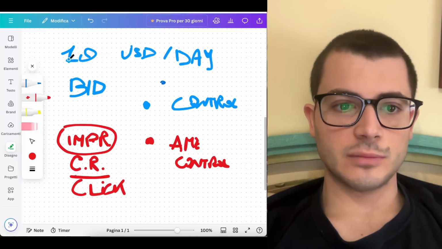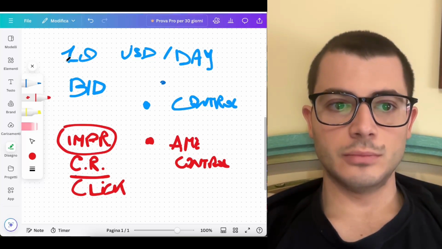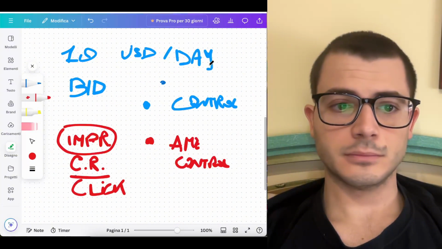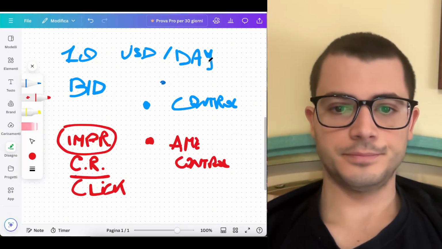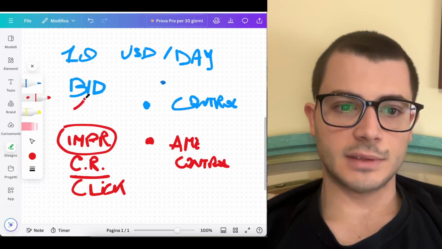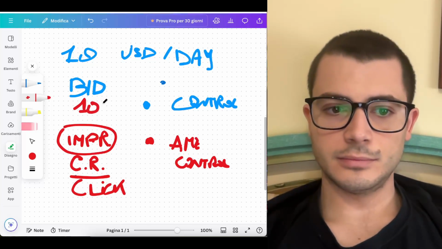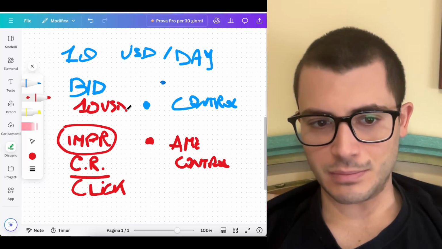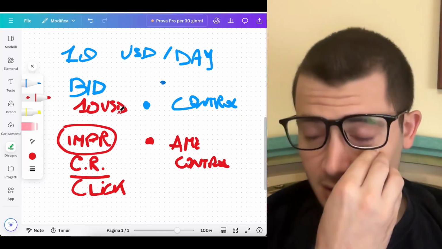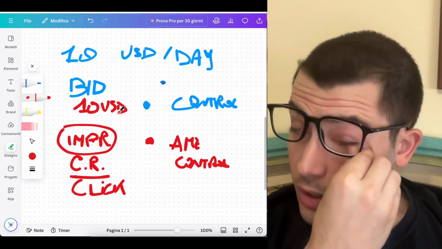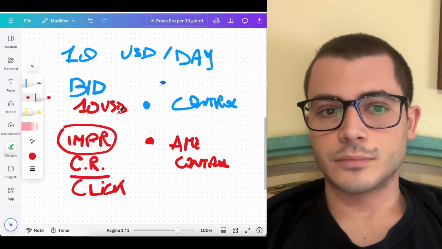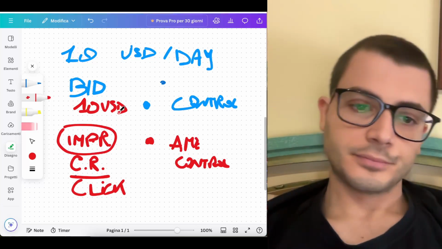Because if you put $10 per day as a campaign budget, and your bid is, for example, $10, of course it's much less, but it's just to make the example, if you get one single click, you actually end your daily budget.